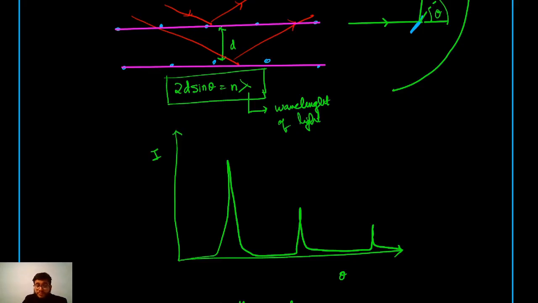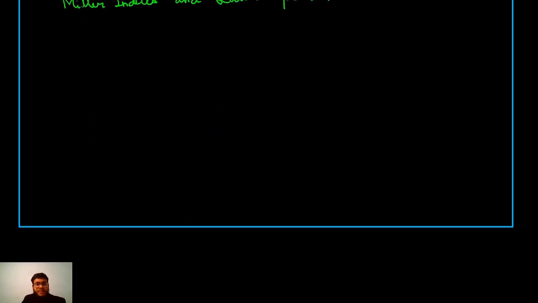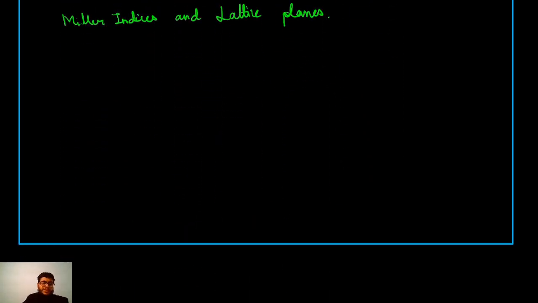So now we think about how we can construct lattice planes in a lattice, because if you have a lattice with a lot of atoms, there can be multiple orientations of the planes that you can construct.